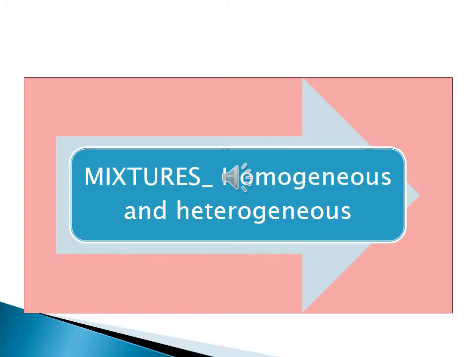Homogeneous mixtures cannot be seen, even under a microscope, but heterogeneous mixtures are visible to the naked eye. These are the differences between homogeneous and heterogeneous mixtures.